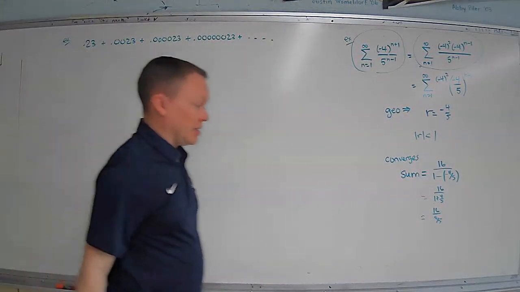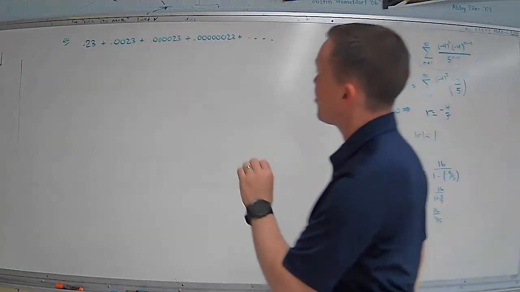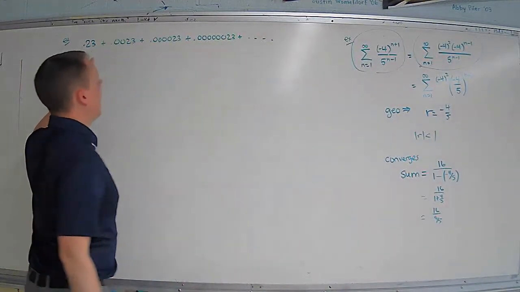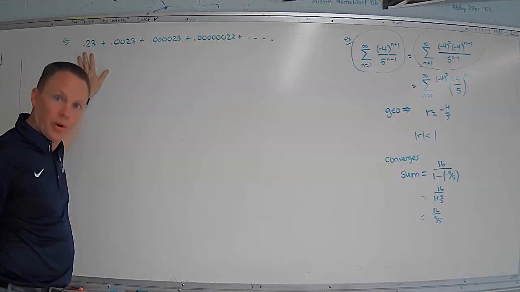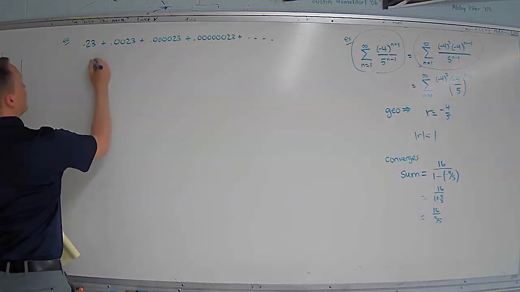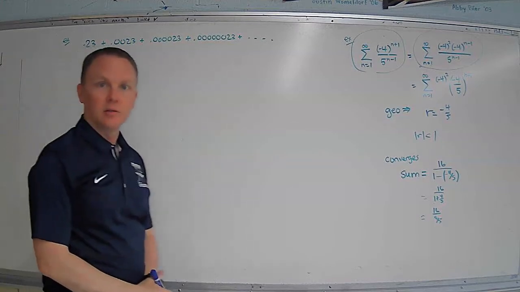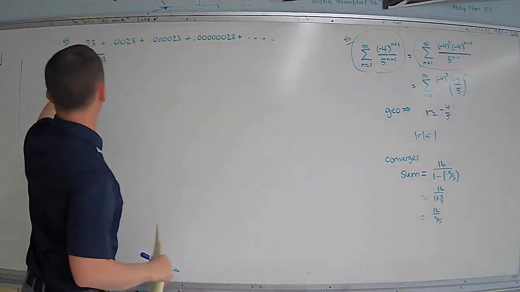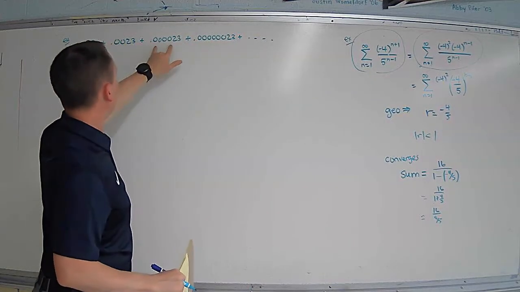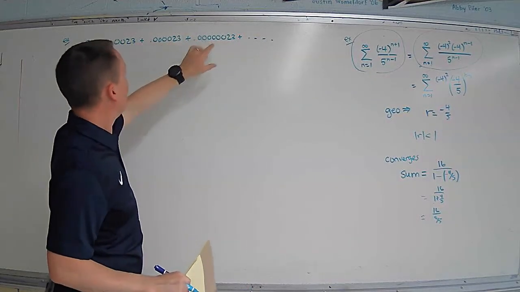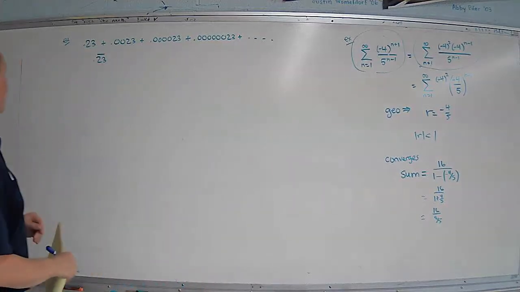And maybe you don't realize this, but what I've actually done here is written a repeating decimal in a weird way. This is actually 0.23 repeating. Now think about that for a second. If I add up this plus this, I'm going to get 0.2323. Then if I add this, I'm going to get 0.232323. Then I add this one on, I'm going to get 0.23232323, and so forth.